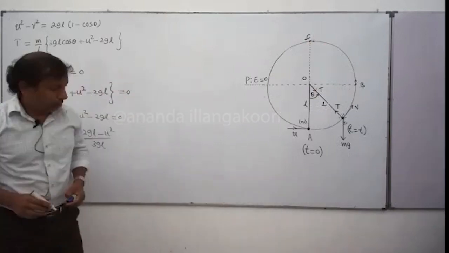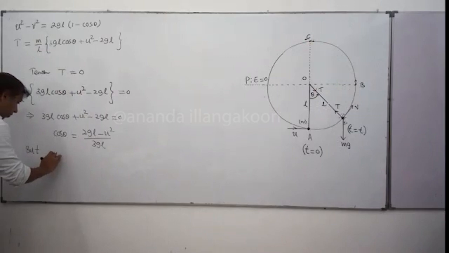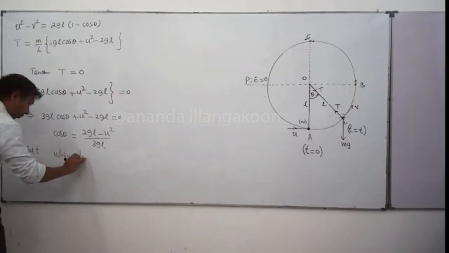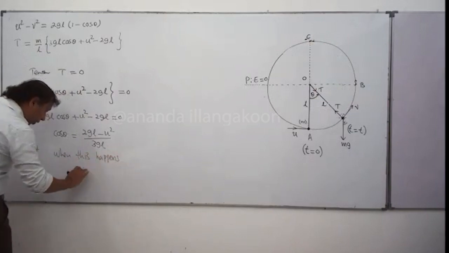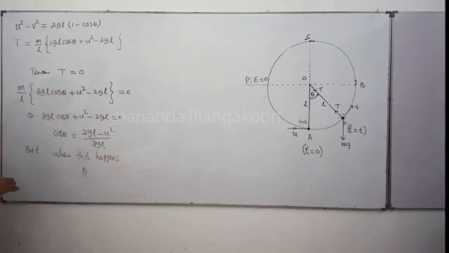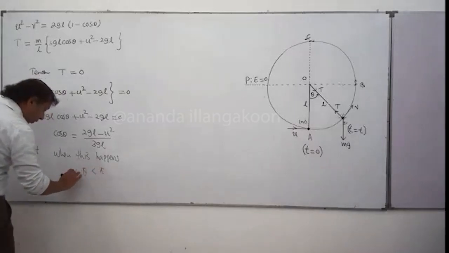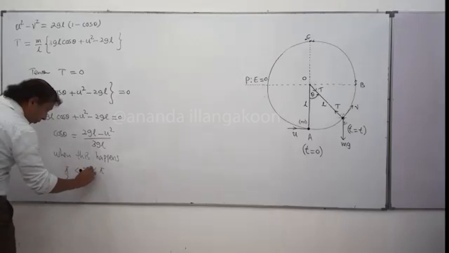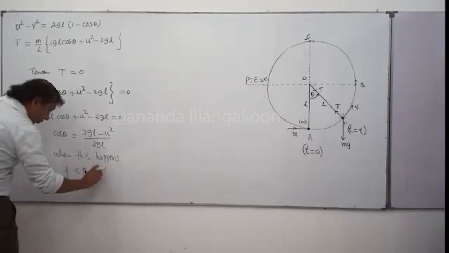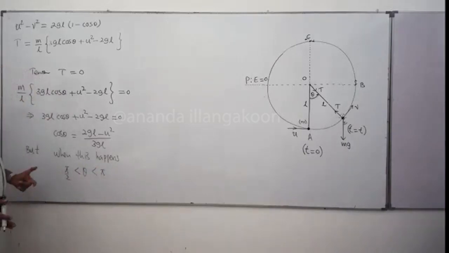So when this happens, theta is greater than pi by 2 and less than pi.